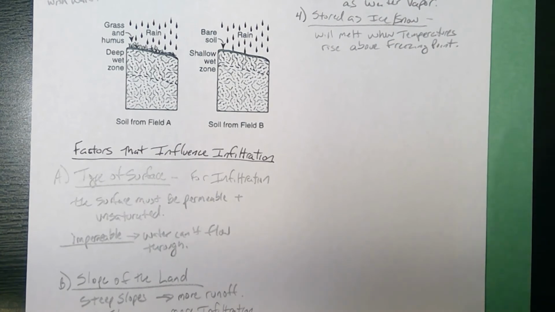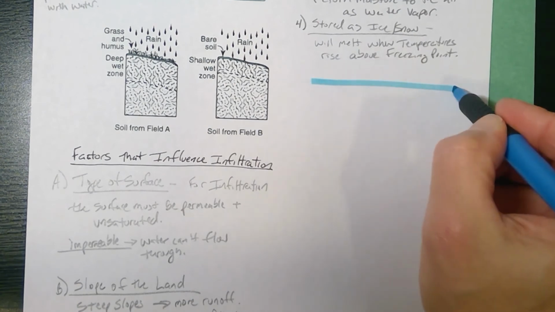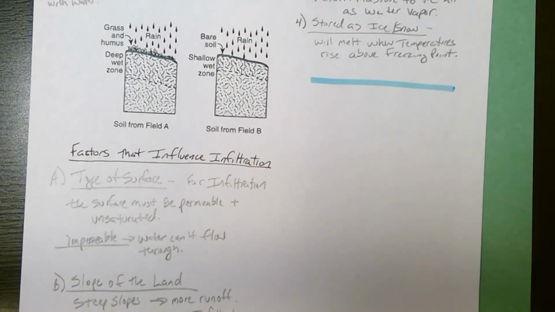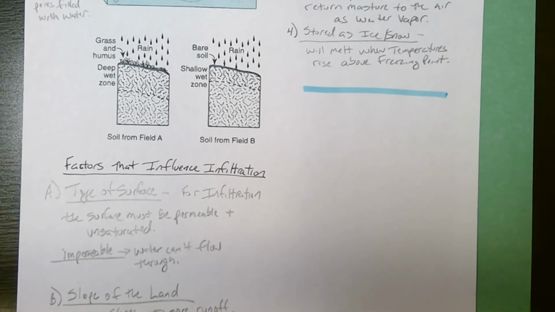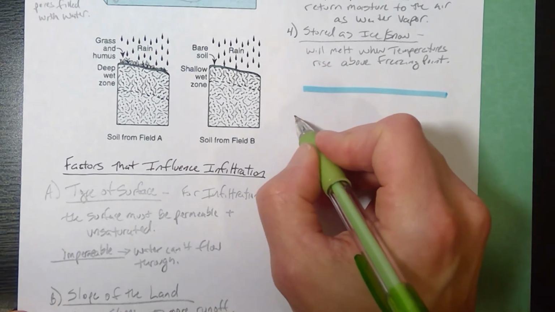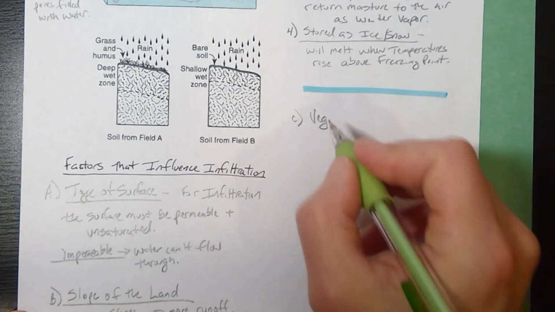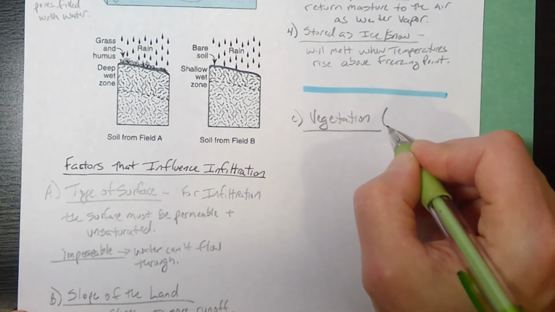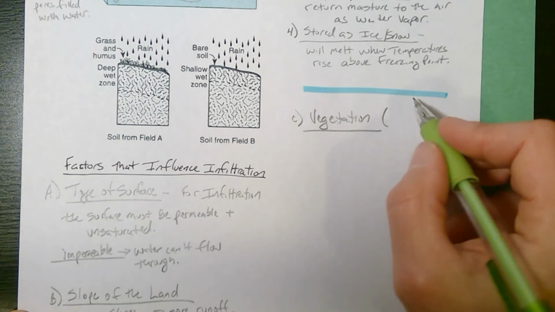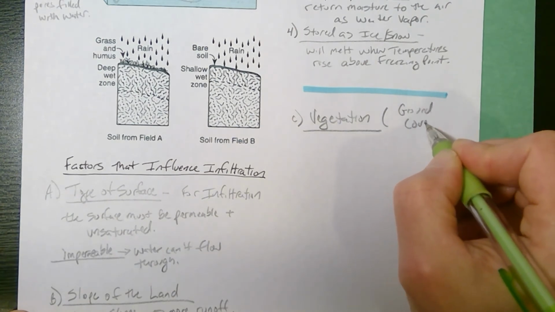All right, now the second diagram that we drew up here actually shows something that people can do to control or help increase the amount of infiltration. All right, one thing that we can do to change the amount of infiltration is to plant vegetation or to increase the ground cover. Okay.